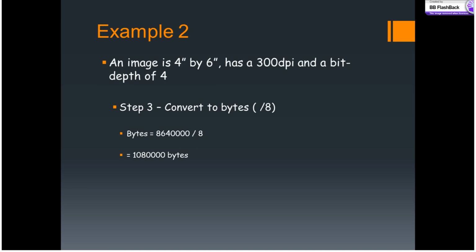Now that number is a lot bigger than 1024, so I now need to divide by 1024 to convert it into kilobytes. And again, that number is still bigger than 1024, so I want to divide that by 1024 and get the megabytes. And that there is how we do that question. It's only the first bit that's different.